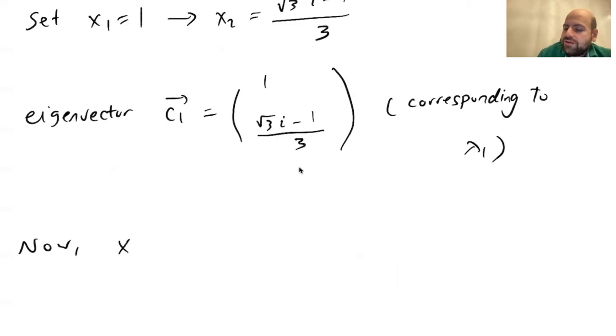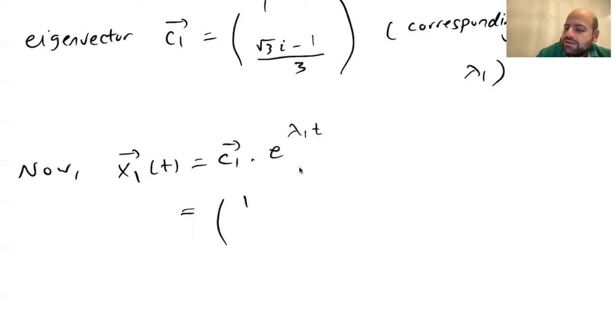Now we are ready to find the first linearly independent solution. x1 of t equals c1 e to the power lambda 1 t, where c1 is 1 and root 3i minus 1 divided by 3, times e to the power lambda 1 t.